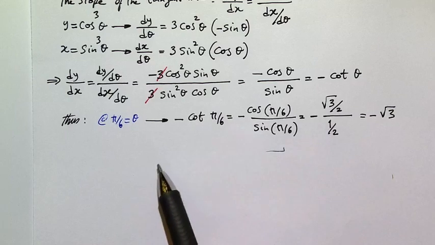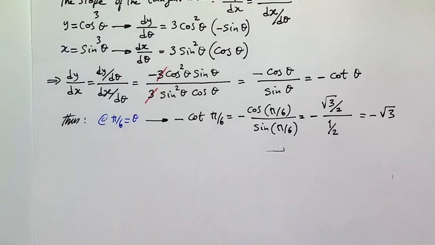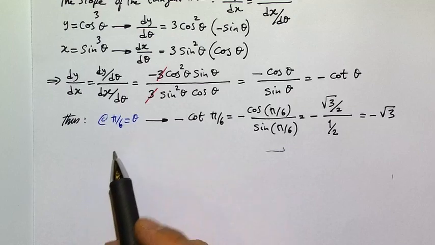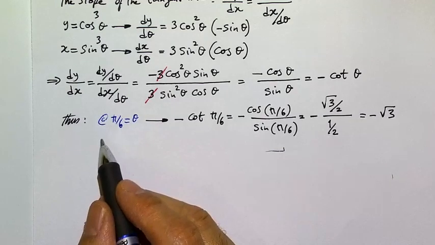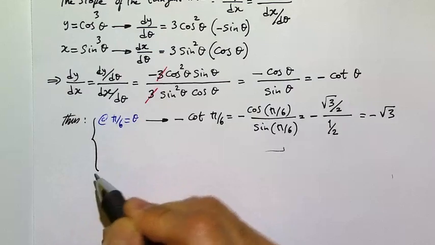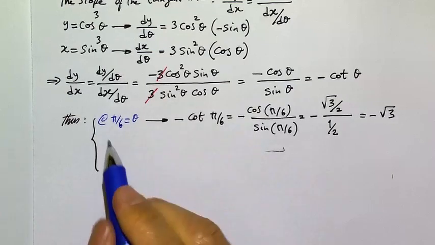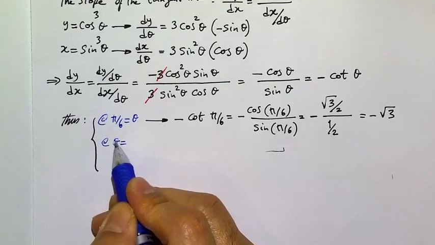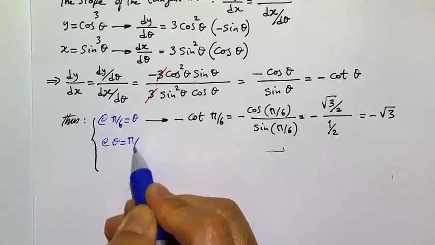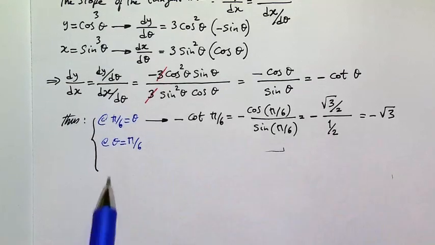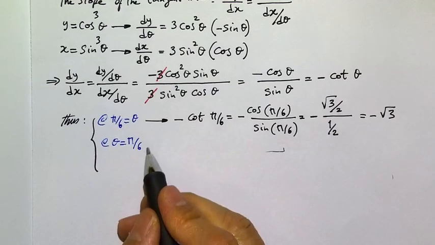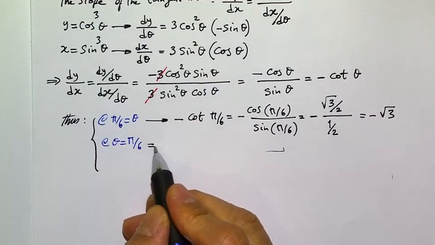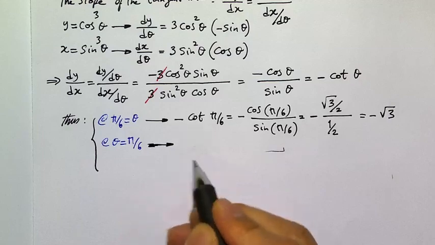So let's find the value of x and y at that theta value. All these calculations apply just to that parameter value, theta equals pi over 6.